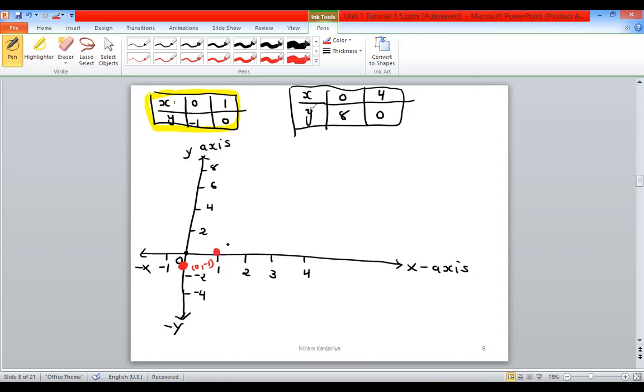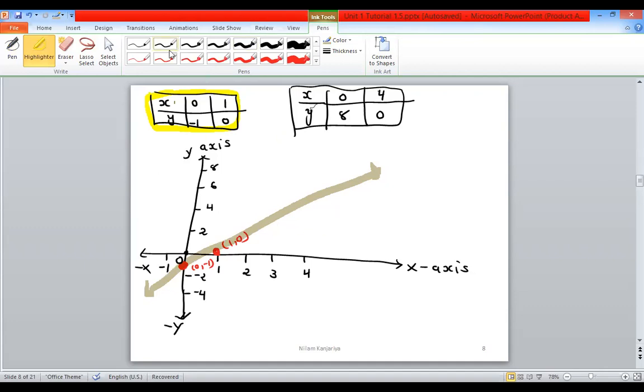This is here. Now using these two points you can make a line. Join these points and just extend it. Yes, this is your straight line. Only two points, you can draw this line and just extend it.